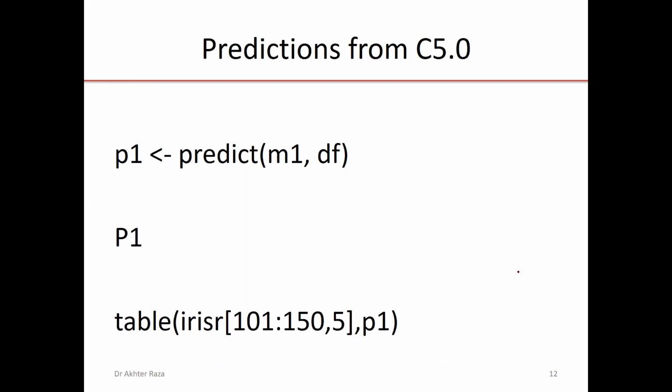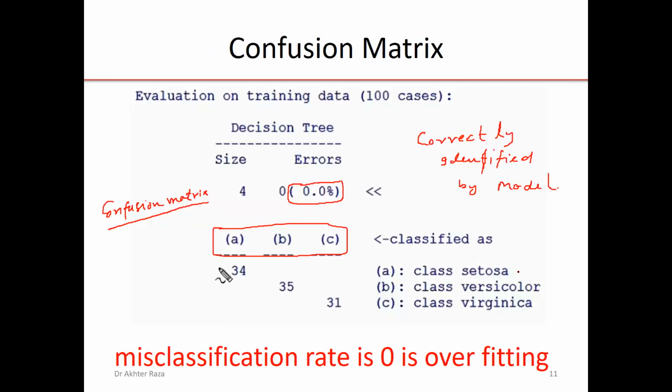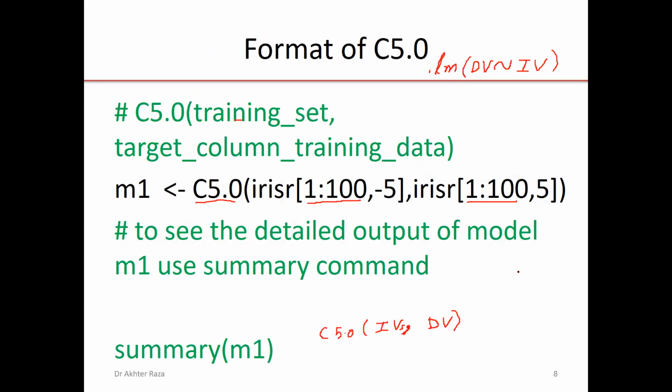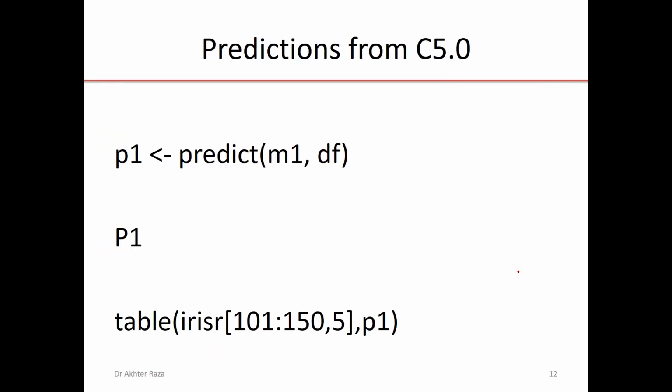Now we are going to predict our data by model 1. So I'm using DF. DF is the data frame, and I have to create a variable with the name DF, data frame, model 1, predict P1.